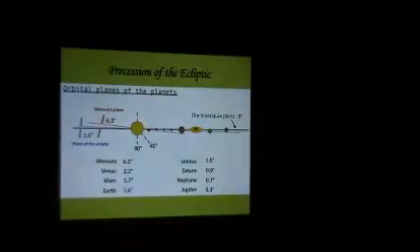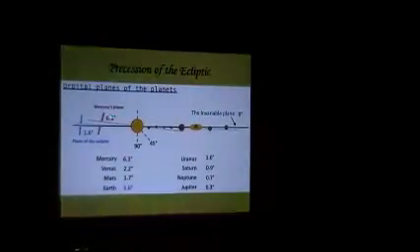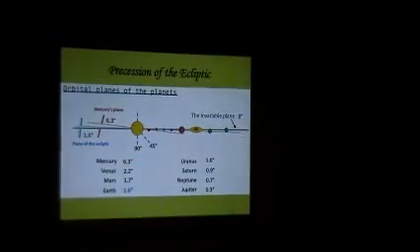There's something known as the invariable plane, which is not completely invariable, but it's constant for a general period of time. All the planets are oriented a little bit off it. Jupiter's the closest, Mercury is tilted the most, and the Earth is tilted 1.6 degrees to this main invariable plane.